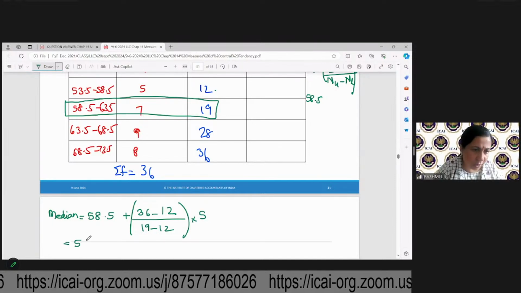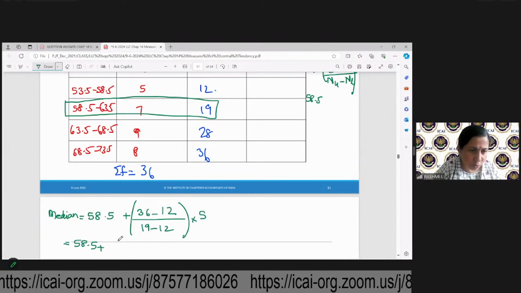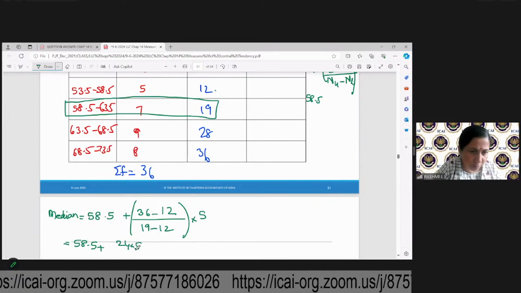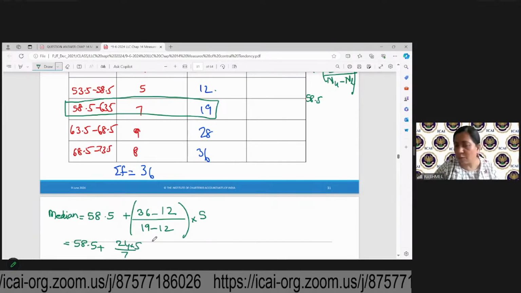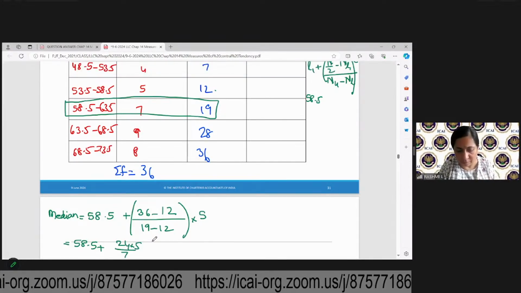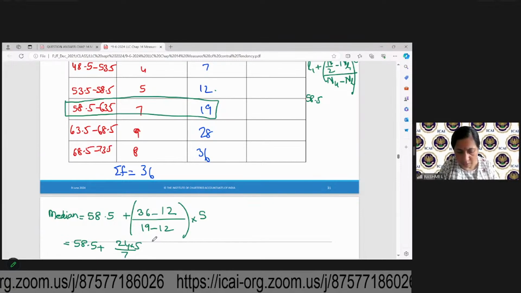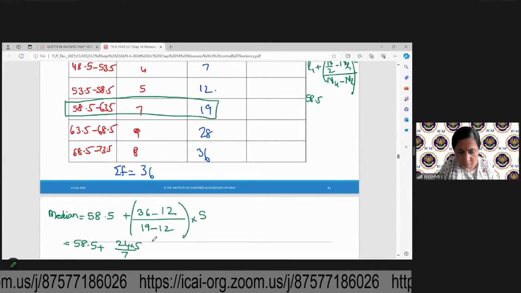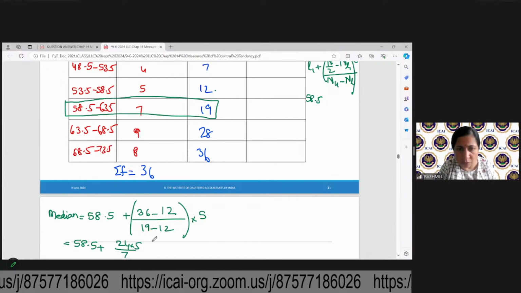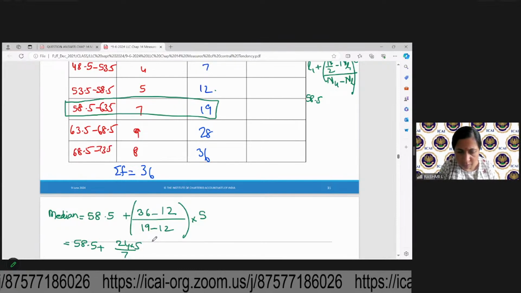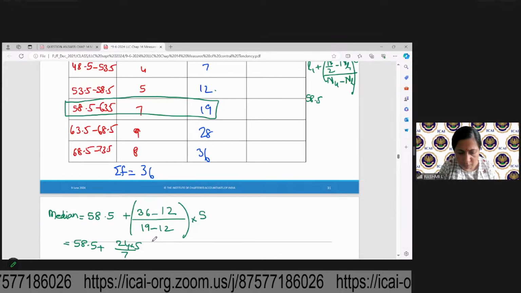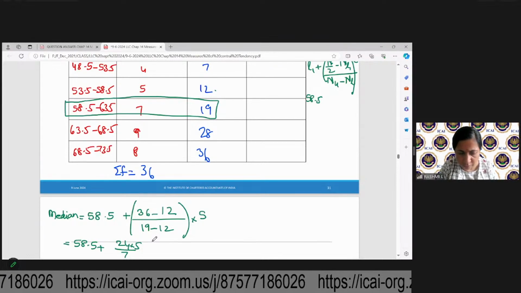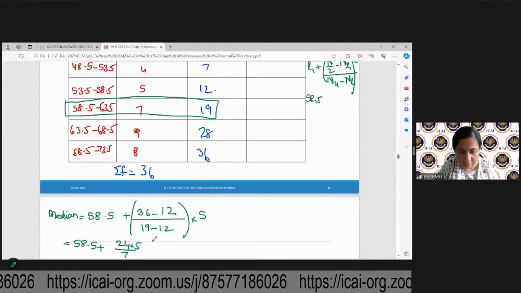So this is 58.5 plus 6 into 5 upon 7. How much is this? 6 into 5 is 30, divided by 7.